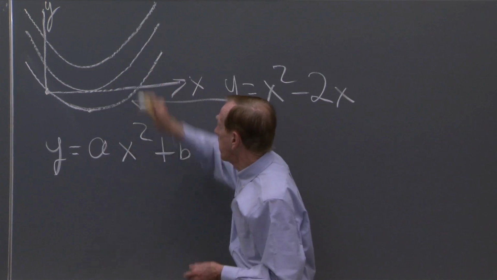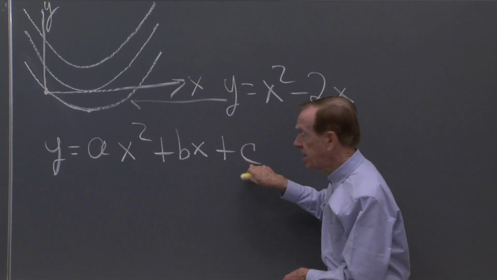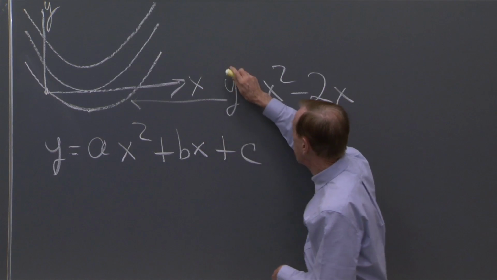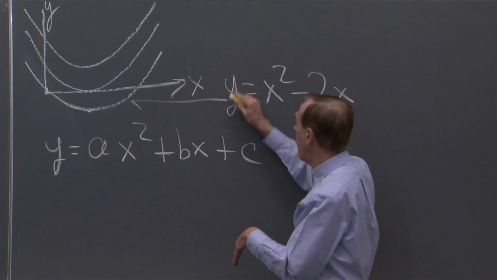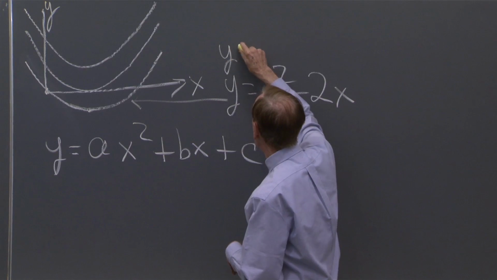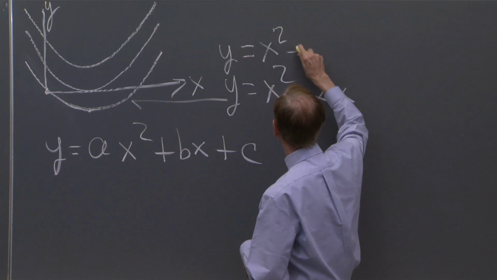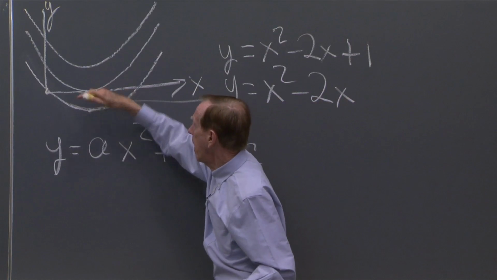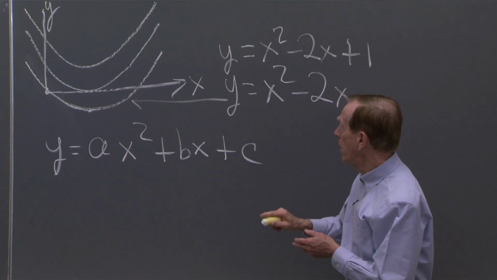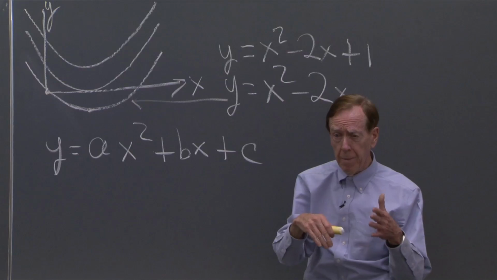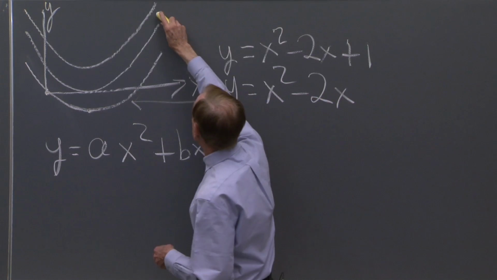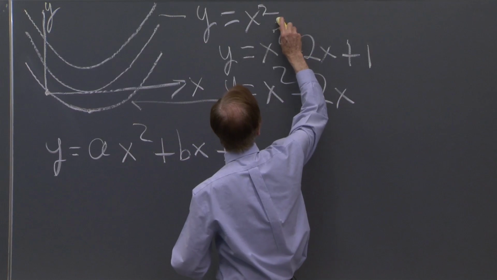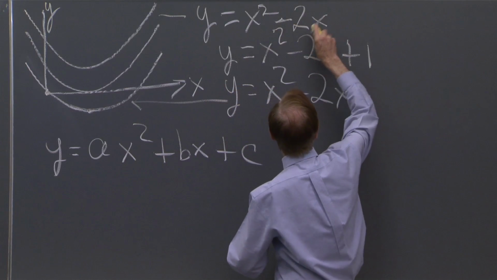Now this one is up a little higher. The c is what moves it up and down. That's the easy part. It doesn't change the shape, just shifts it up. So I think that second guy is x squared minus 2x, same thing, but plus 1. So I've lifted it up by 1 to get the second one, and then the next one is lifted up by another 1. So the top guy is y equals x squared minus 2x plus 2.